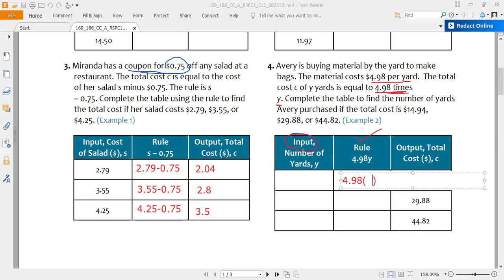For example, if we have the number 4.98, if I multiply this number, maybe at the end I have 14.94. So 8 times 2 will not give me, it will give me 16. It looks like this number will not be 2.